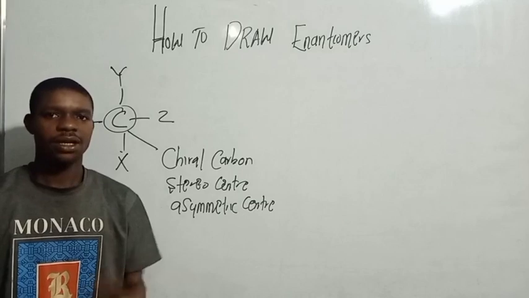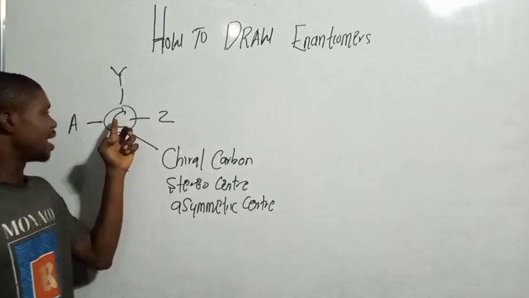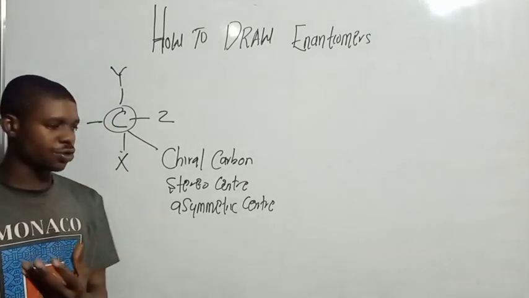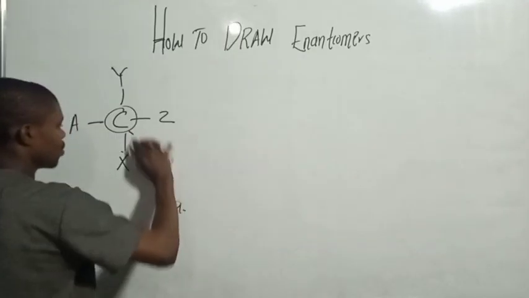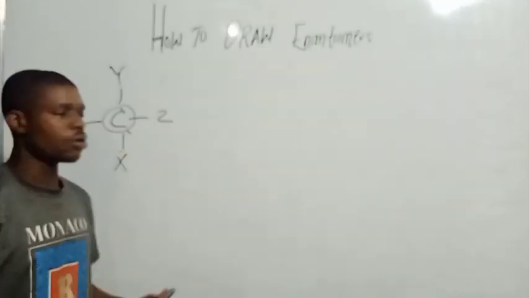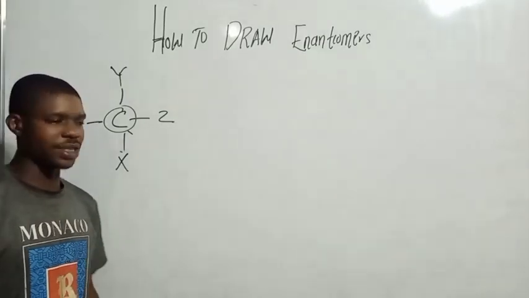These are the common names for a carbon atom having four different groups. Now, every molecule has a mirror image.